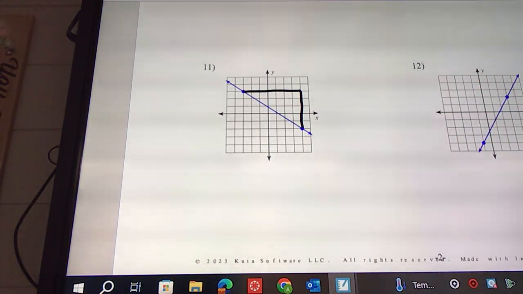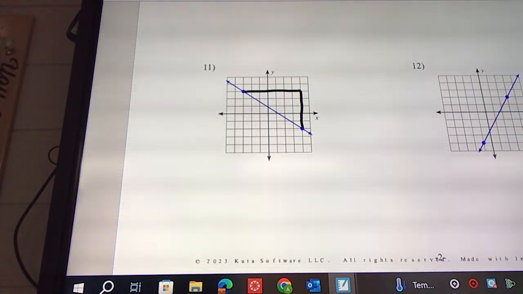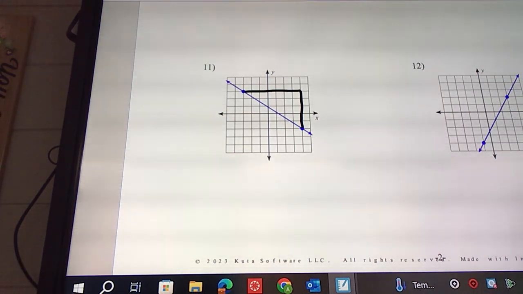Okay, 11. How much do we rise? How much do we run? Five over 7. Somebody agree?